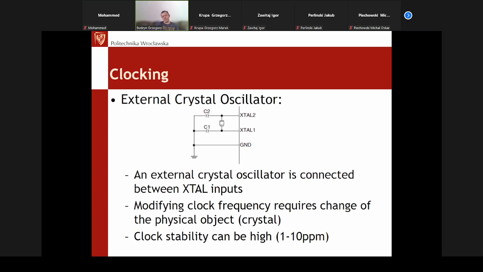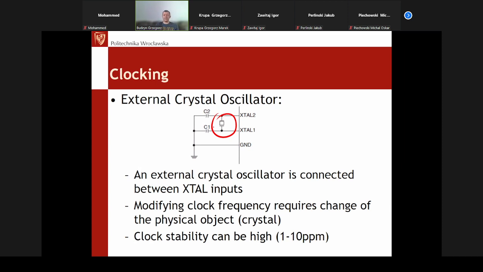The problem with the external crystal oscillator, besides requiring the C1 and C2 capacitors, is the limited frequency of the crystal, because the crystal oscillation is cut dependent, and because of this, the first harmonic is only up to 25 megahertz. Above this frequency, we need to use the third or fifth harmonic, which is always weaker, and there's a problem with the crystal resonating at different frequencies.